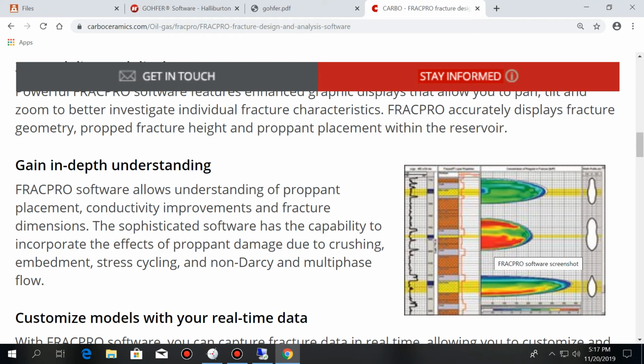And instead of assuming some shape of a fracture and some height of the fracture, this software is going to solve what is the fracture height and what is the fracture shape as you are injecting a fluid. It does all of what we did, but instead of solving analytically, it solves that numerically: stresses around the fracture and also the flow in the fracture.